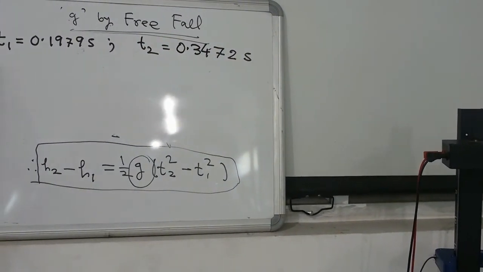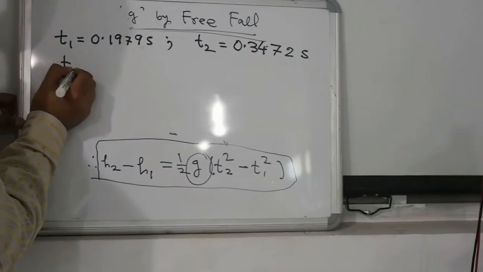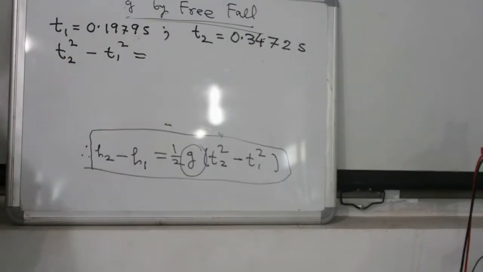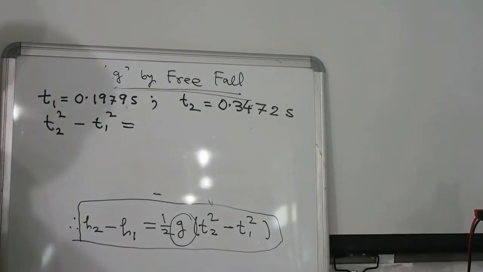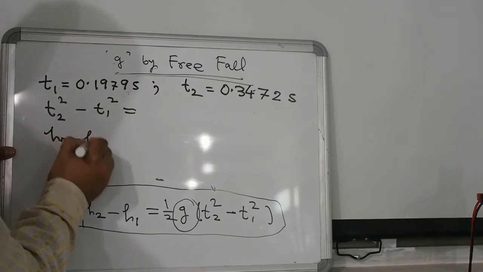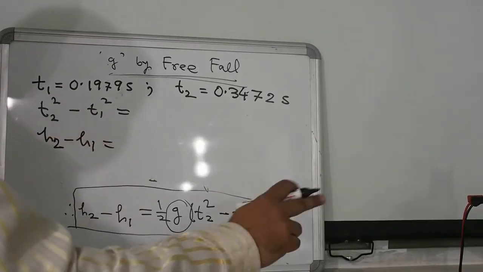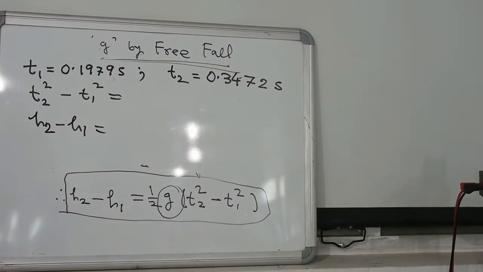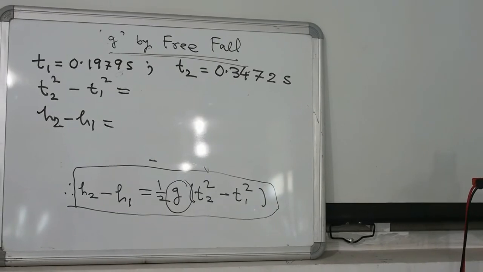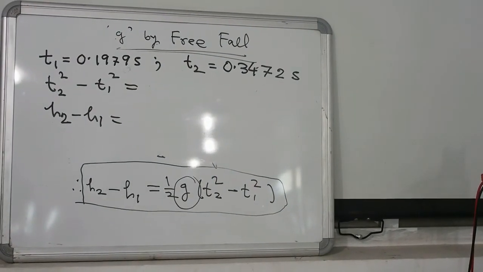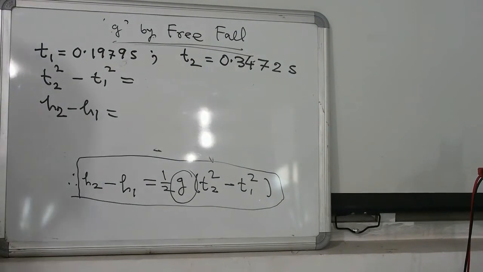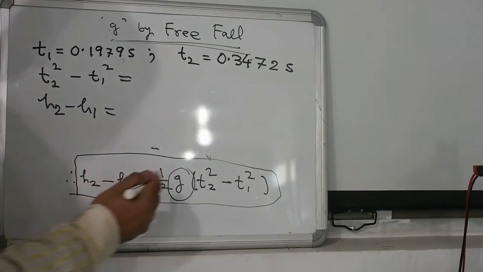From this we can determine t2 square minus t1 square. We will also determine h2 minus h1 from these two photogates, which are attached to the scale within the stand of the g by free fall apparatus. At first we will determine these two, then we will determine g from this formula.